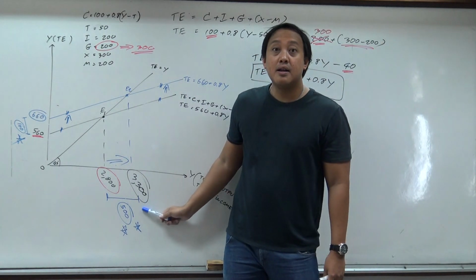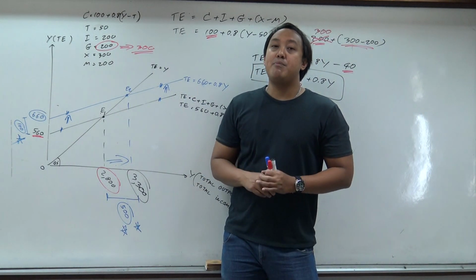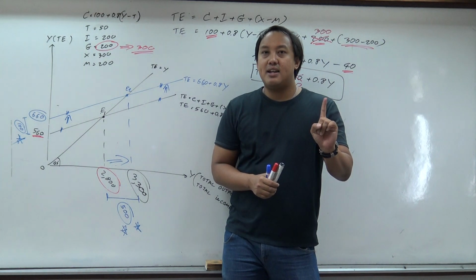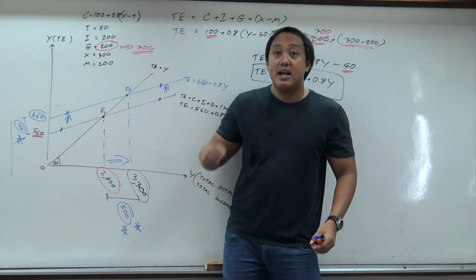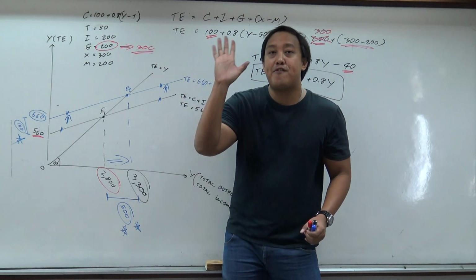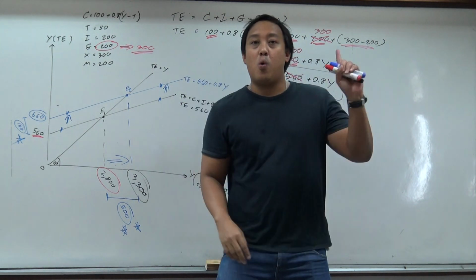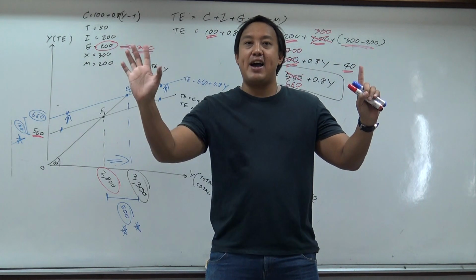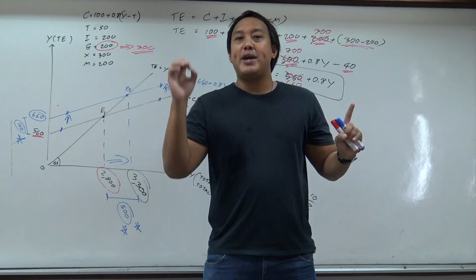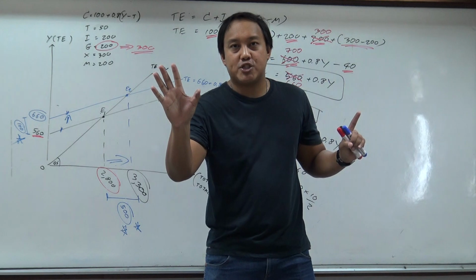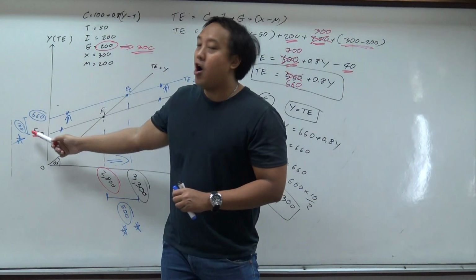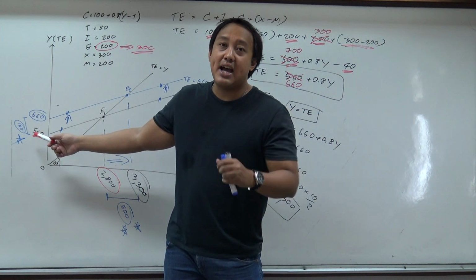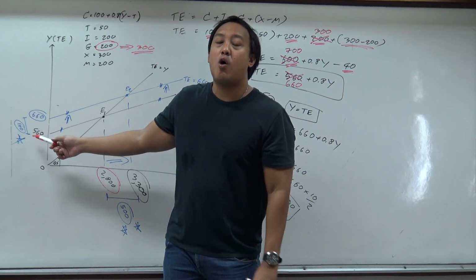The government spends only 100 more, and the consequence is that the whole economy, the GDP, increases by 500. 100 compared to 500. It means that the whole economy increases 5 times compared to the original amount of money that the government injects into the economy.